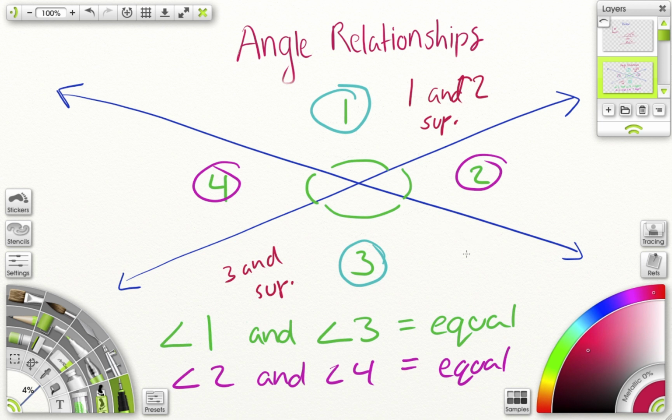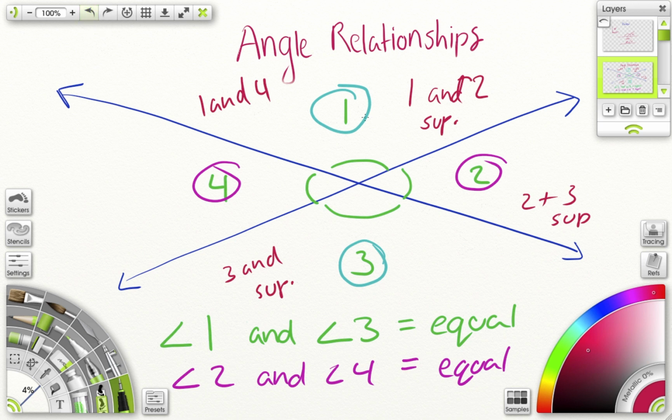Angles 2 and 3 are supplementary. Angles 1 and 4 are also supplementary because you can see right here 1 and 4 are a straight line. 1 and 2 are a straight line. 3 and 4 are a straight line. So they're against a straight line, which means they have to equal 180.